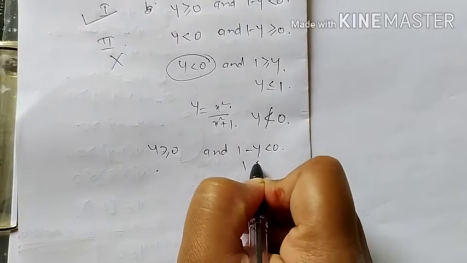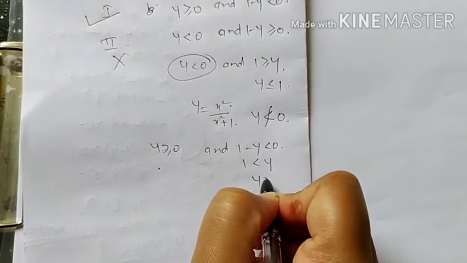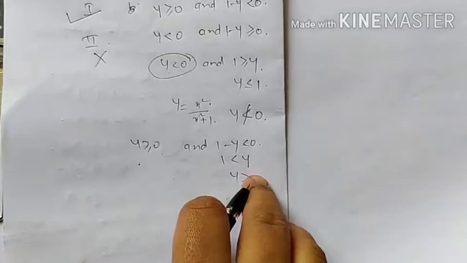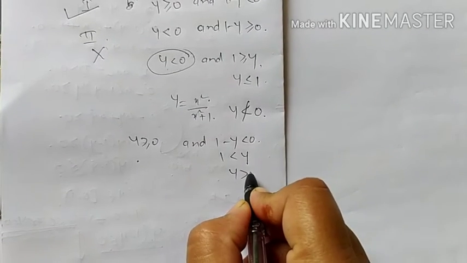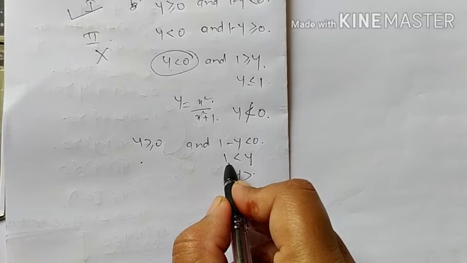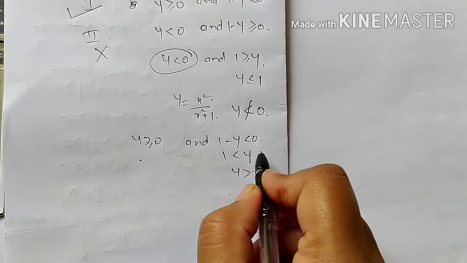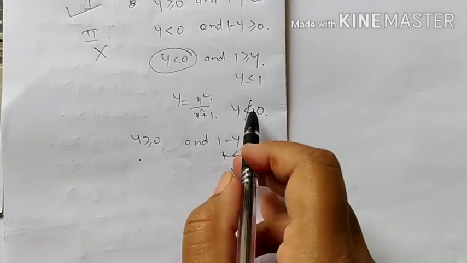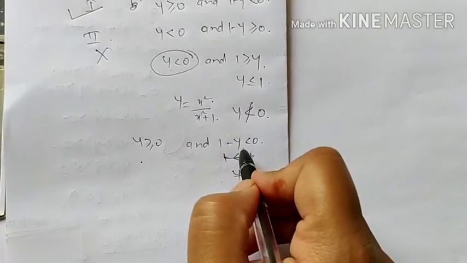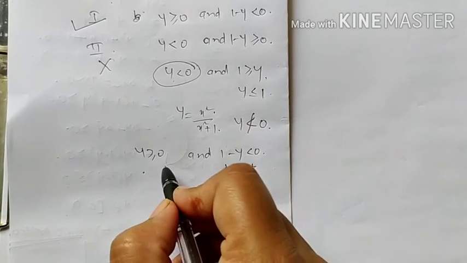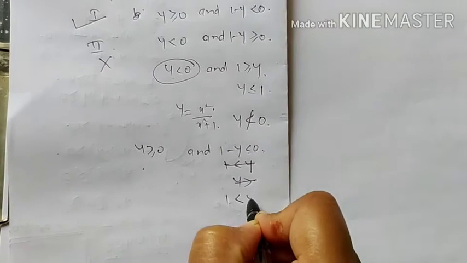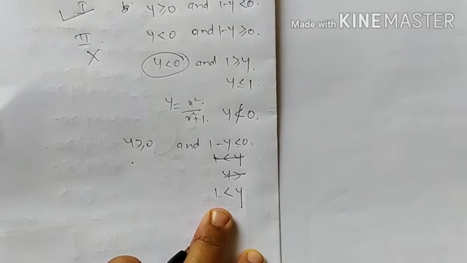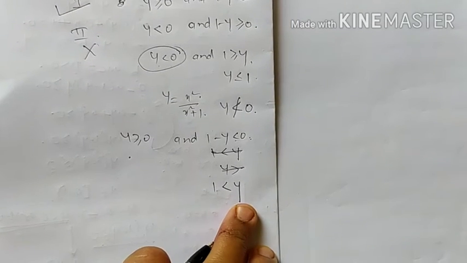1 less than y means y values are greater than 1.